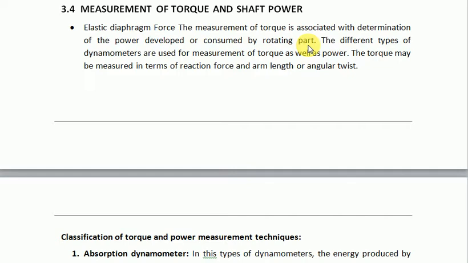The principle to measure the torque, friends, is by generating an opposite force, or by absorbing, or by transmitting. So there are different methods to find out the torque.